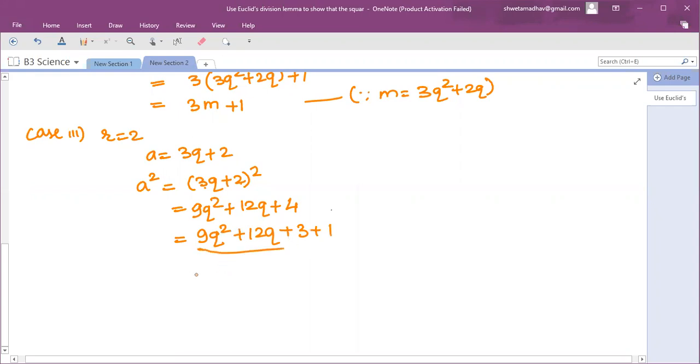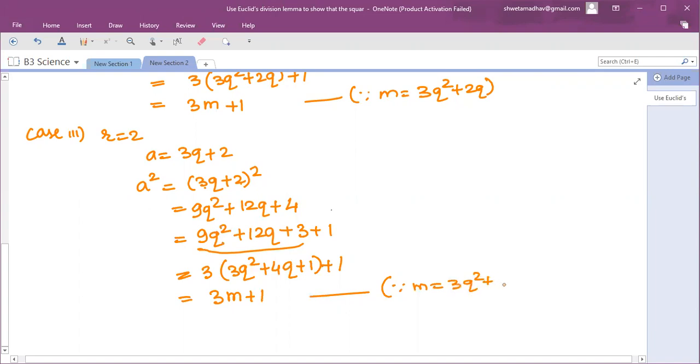So from the first 3 terms, can we take 3 common? 3 in bracket, 3Q square plus 4Q plus 1, plus 1. So this is equal to 3M plus 1, where M is 3Q square plus 4Q plus 1.